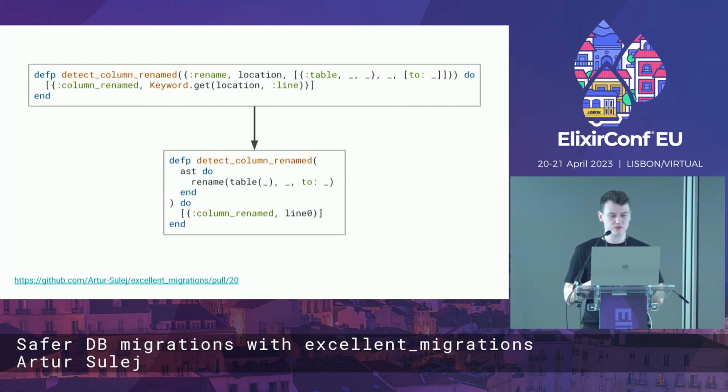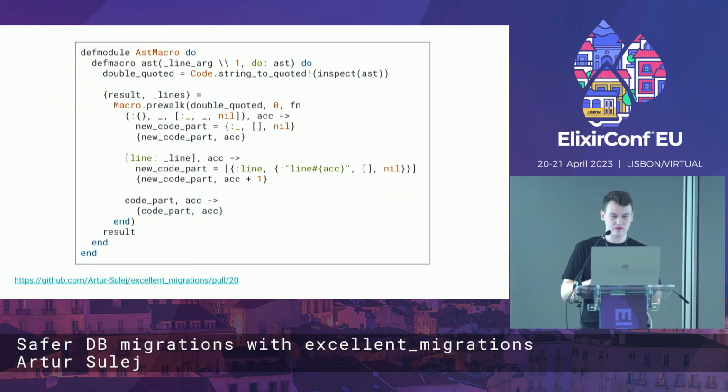So I experimented with creating a macro that would convert part of a code that more resembles code from a migration and converts it to the AST that needs to be matched against. So this is how it looks, and this is the macro itself.